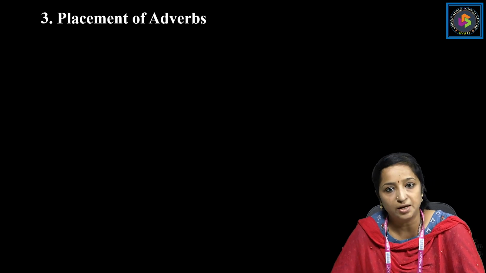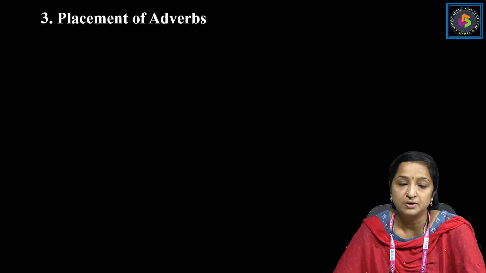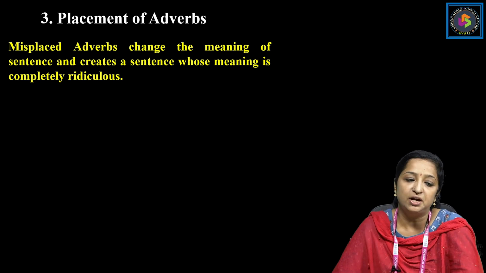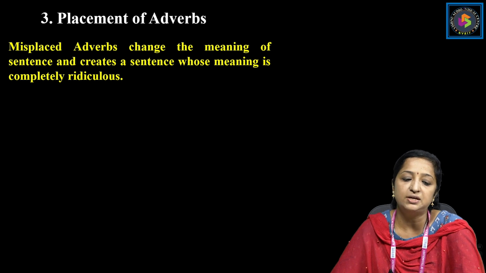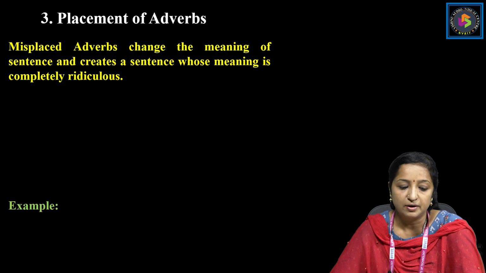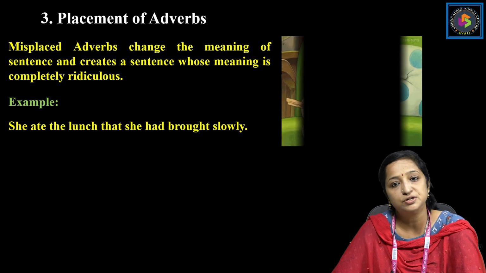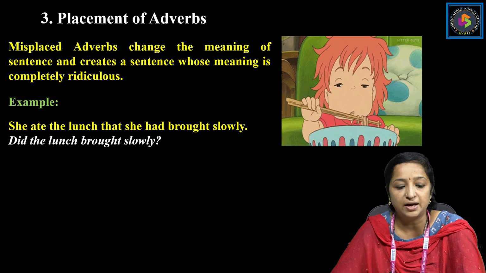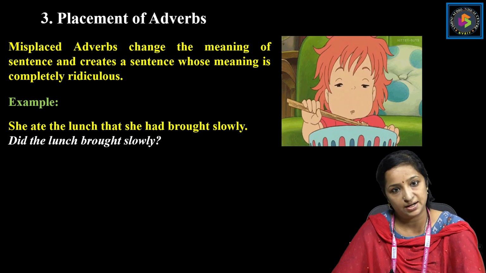Next, the third type of misplaced modifier is placement of adverbs. Misplaced adverbs change the meaning of a sentence and create a sentence whose meaning is completely ridiculous. For example, she ate the lunch that she had brought slowly. With this, it conveys a meaning that she brought the lunch slowly and then she ate that lunch.